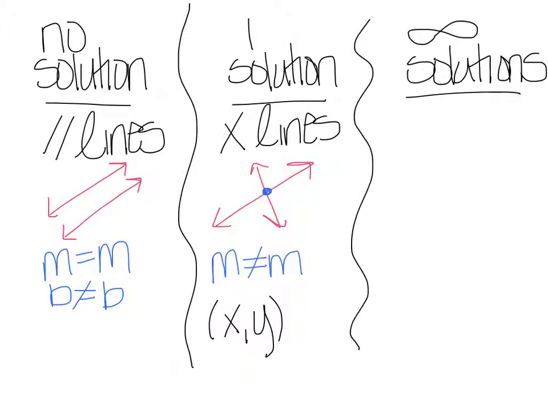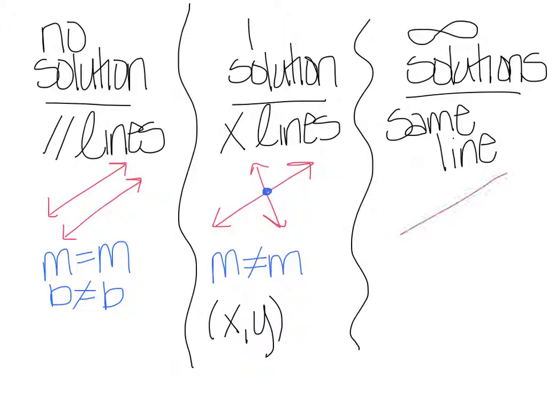Infinite solutions just mean that you have the exact same line. Maybe it's written in a couple different formats. Maybe one is 3 times larger than the other, so the numbers weren't recognizable. Whatever the case is, infinite solutions means that you have the same line described two different ways.